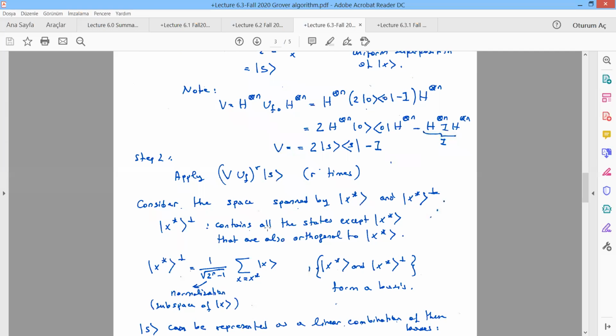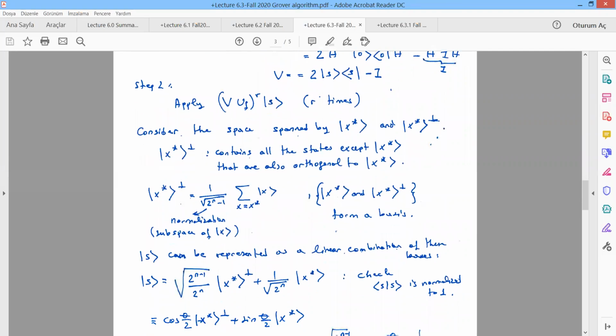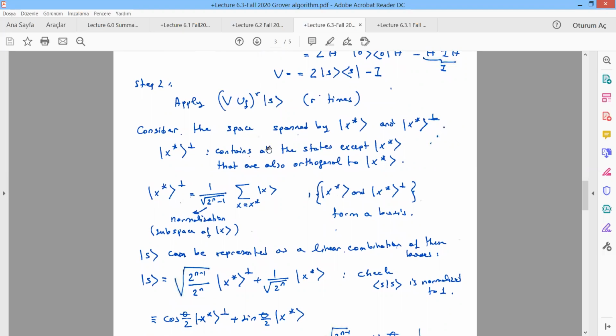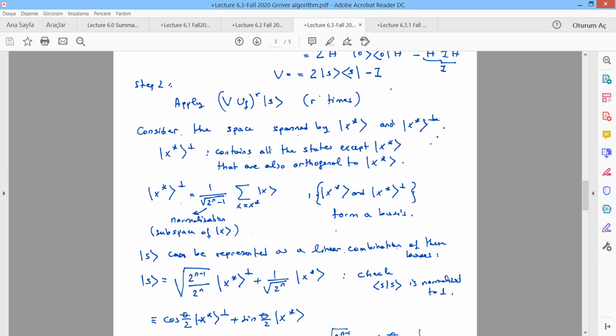Okay, and let's see what this does. There are 2 ways actually to prove this. One is this geometric argument, and another argument I'll also discuss afterwards if we have time, or maybe next time. The geometric argument is as follows.